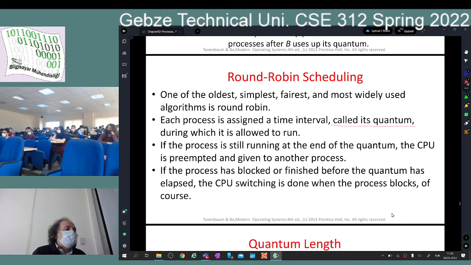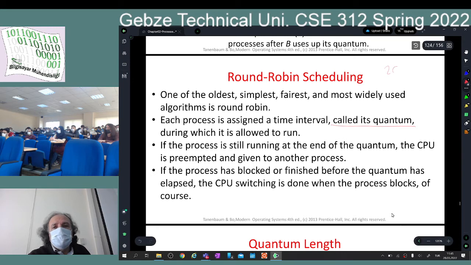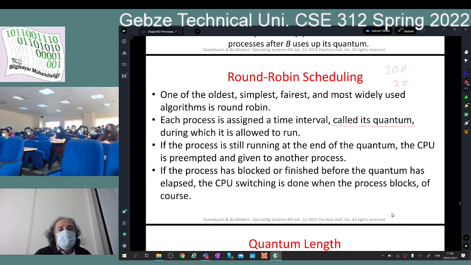Your quantum time and the timer interval don't have to coincide with each other. Quantum time might be 200 milliseconds, and your timer interrupt can happen every 20 milliseconds. That means 10 times while that process is running, the timer interrupt might happen. Why am I doing this?